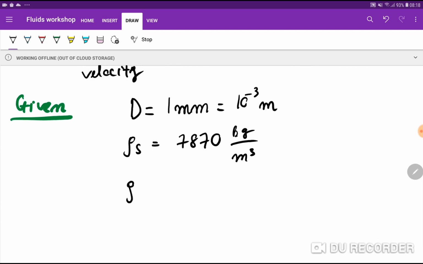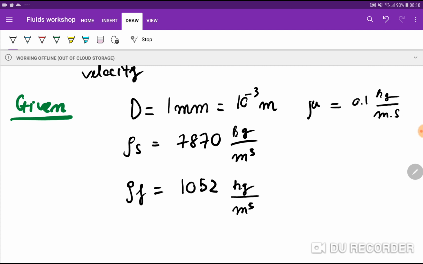The density of the fluid that the sphere is submerged in is 1,052 kilograms per meter cubed. The viscosity is 0.1 kilogram per meter times second.